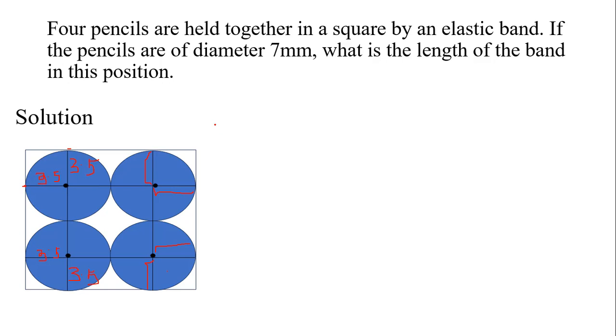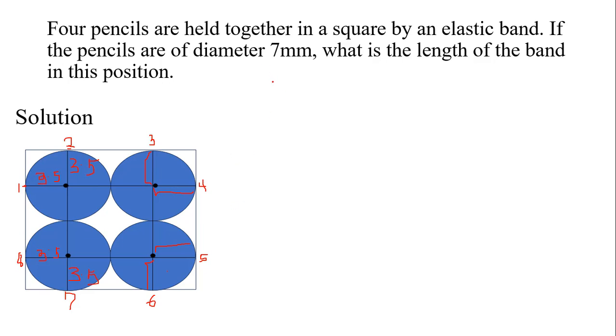So 1, 2, that's 2 radii, 3, 4, 5, 6, 7, and this is 8. So I'm having 8.